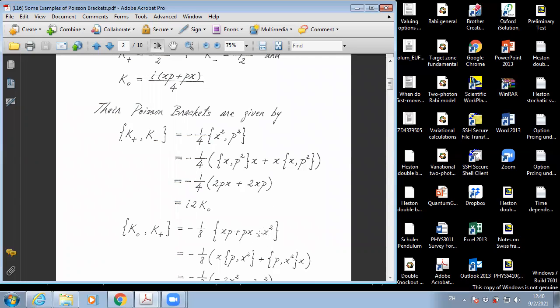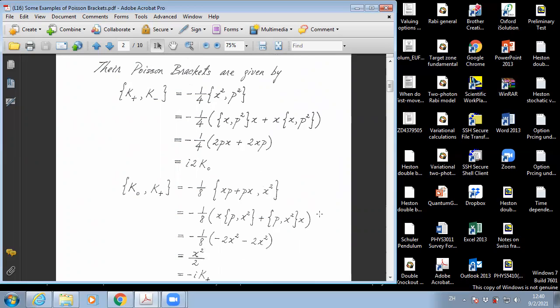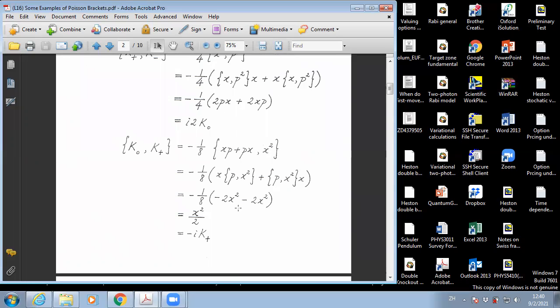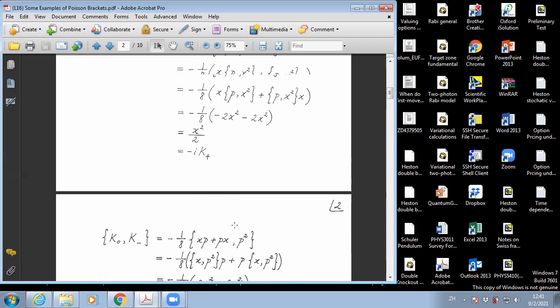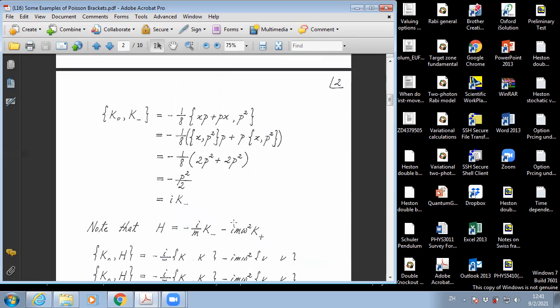Apply the distributive law of the Poisson brackets and simplify. We realize that the Poisson bracket between K naught and K plus gives you minus iK plus. How about K naught and K minus? We repeat the same kind of calculation and realize that it is equal to iK minus. Okay, so we can summarize.